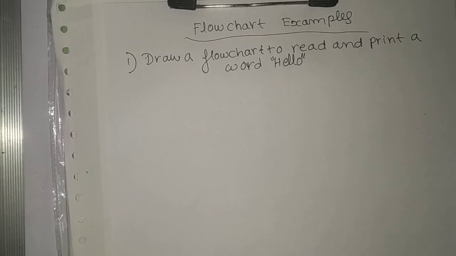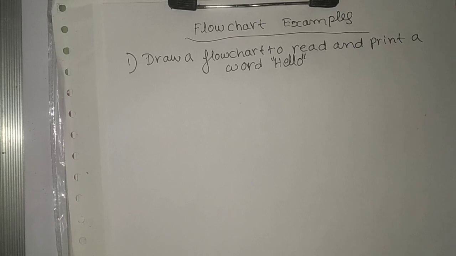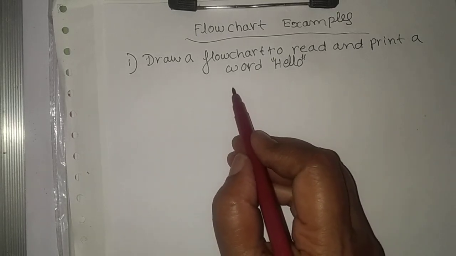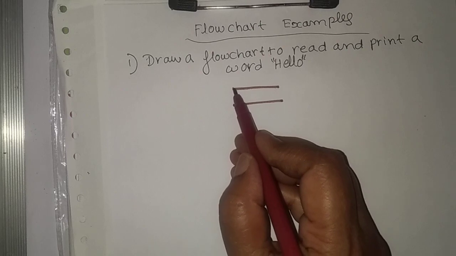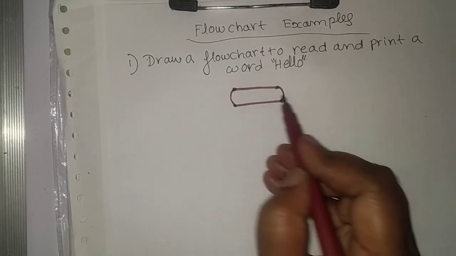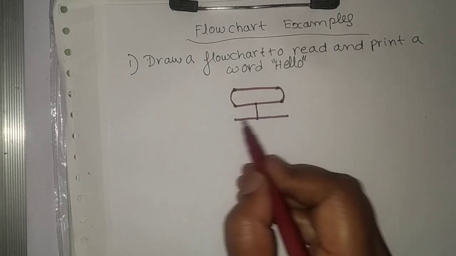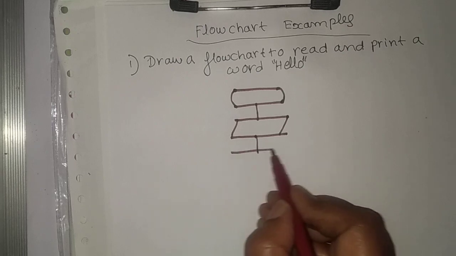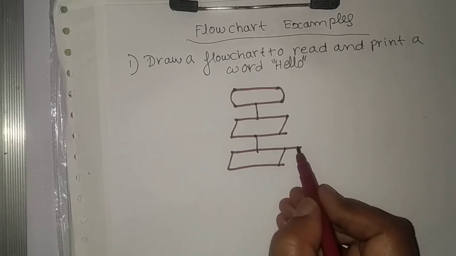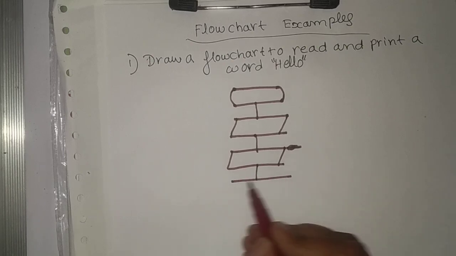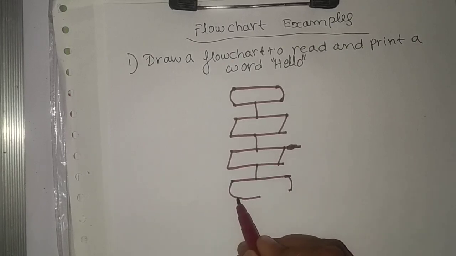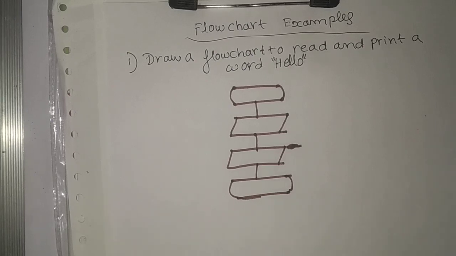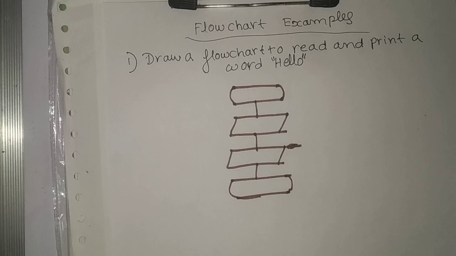So for this, how to write the flowchart? For beginning the flowchart, we have to write start. Then we have to read the given word, that is hello. Then we have to print the given word. Last one is stop. So this is the procedure to write.